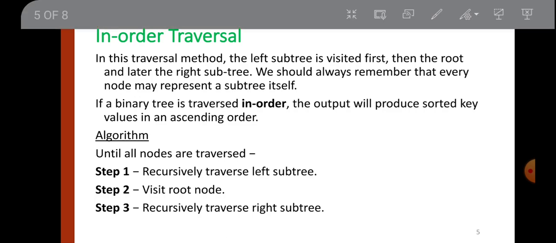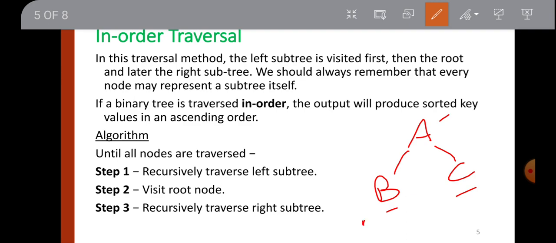For example, if we have 3 nodes A, B and C, A is the root node, B is the left node and C is the right node. In in-order traversal, as I said, first the traversal starts from the left.